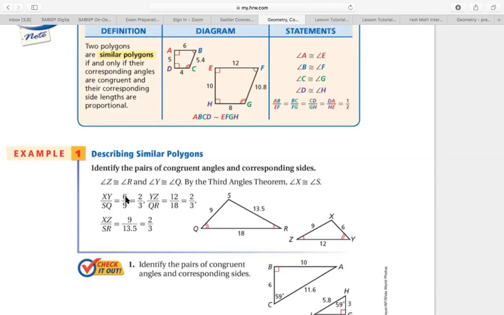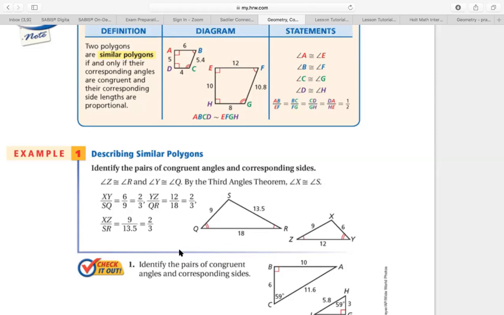So I'm going to divide by 3. 6 divided by 3 is 2. 9 divided by 3 is 3. Now I'm going to take the sides corresponding to Y and Q. What is the side corresponding to Y? XZ, which is 9. And the side corresponding to Q is SR, which is 13.5.